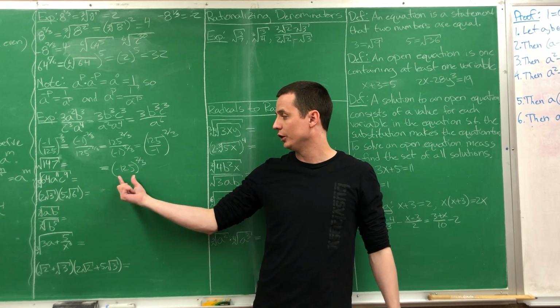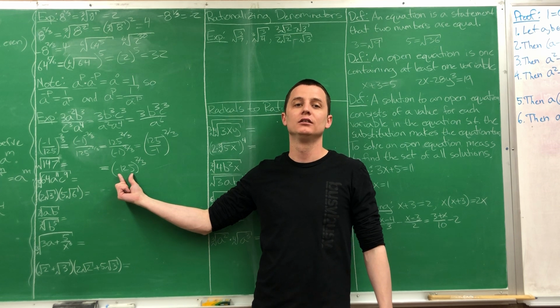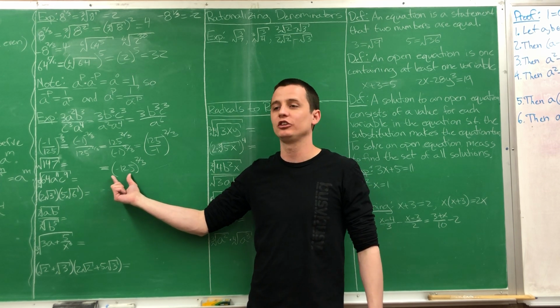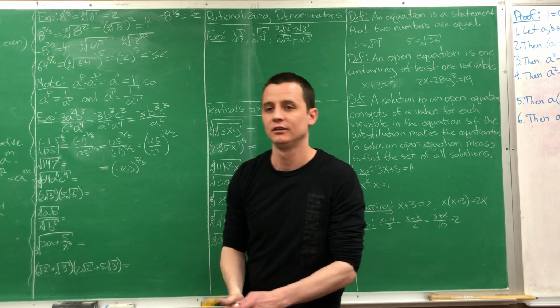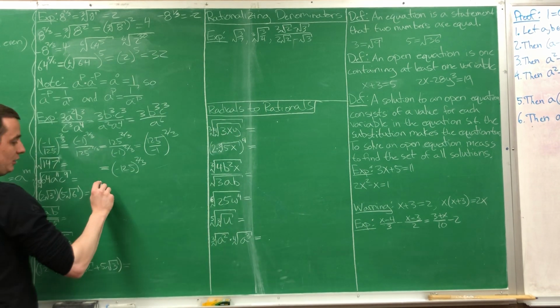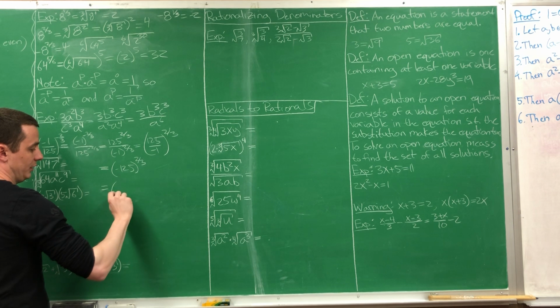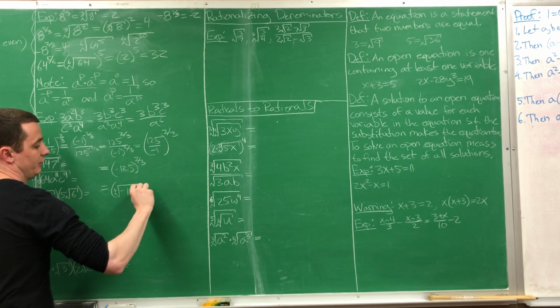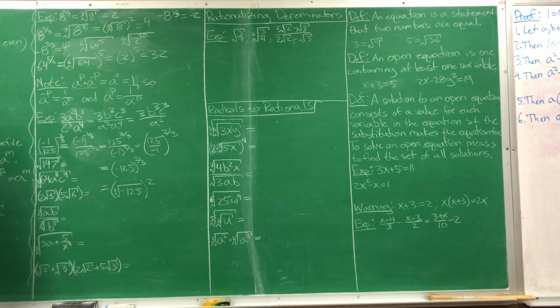So what's the cube root of 125? 5. Negative 5. Sorry, yes, negative 5, because I meant to say, what's the cube root of negative 125? So this is equal to, let's write it out, the cube root of negative 125, and then we're going to take that and square it.